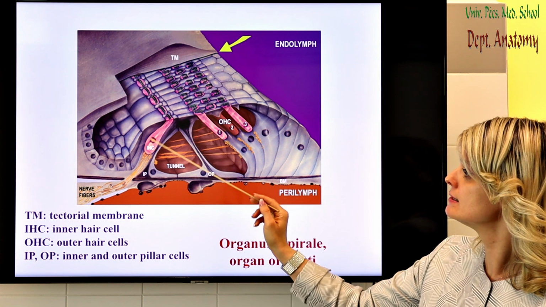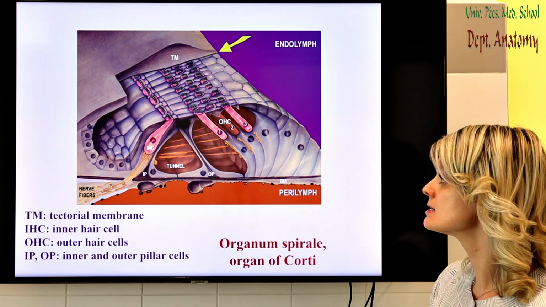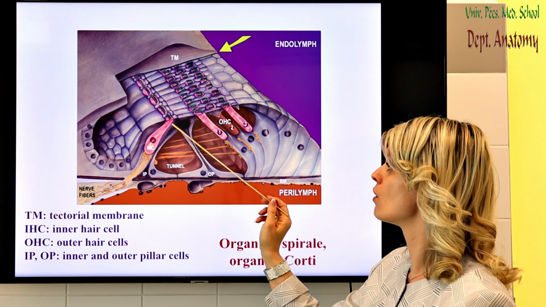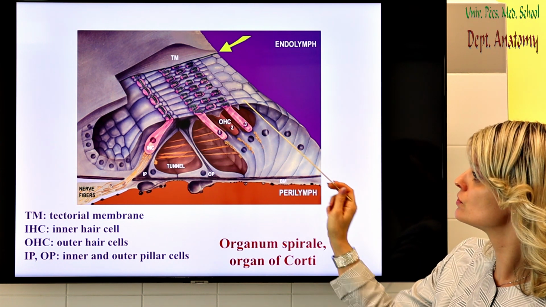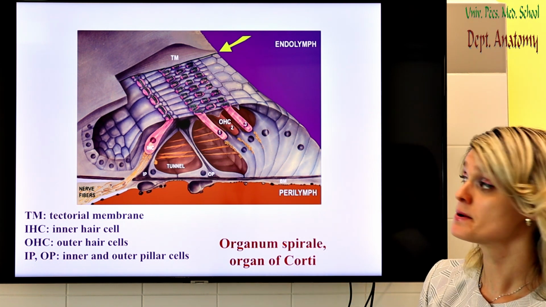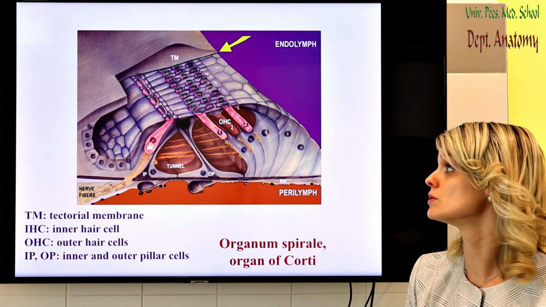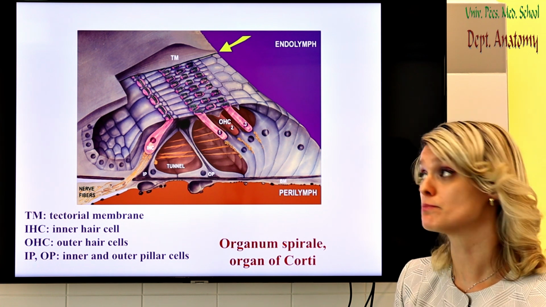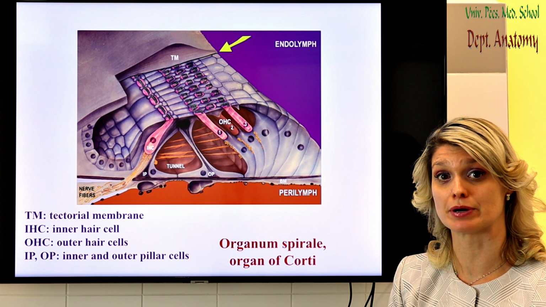And we can see there on the apical part, these are the hair cells. We have one row of inner hair cells and 3 rows of outer hair cells, and we have almost 1,000 cells within one row. But it is really important to know that the hair cells are not able to regenerate.